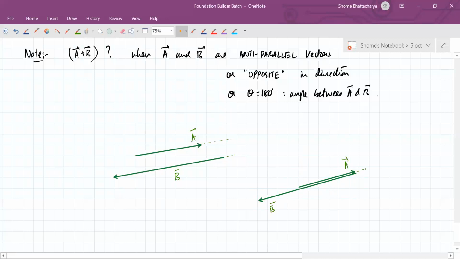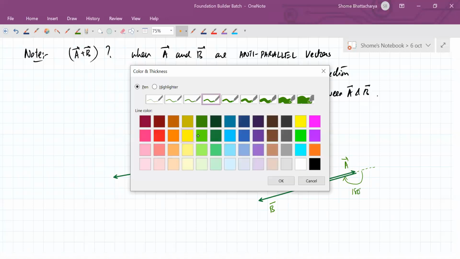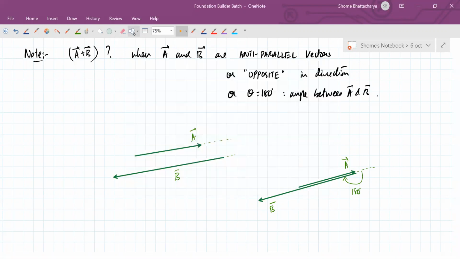You can see that the angle is 180 degrees, and in this diagram the sum should be the third vector, which is going from the origin of vector A, that is from the starting point, to the head of vector B. In this case, this would be the resultant. Okay. So how do we justify this in terms of formulae?